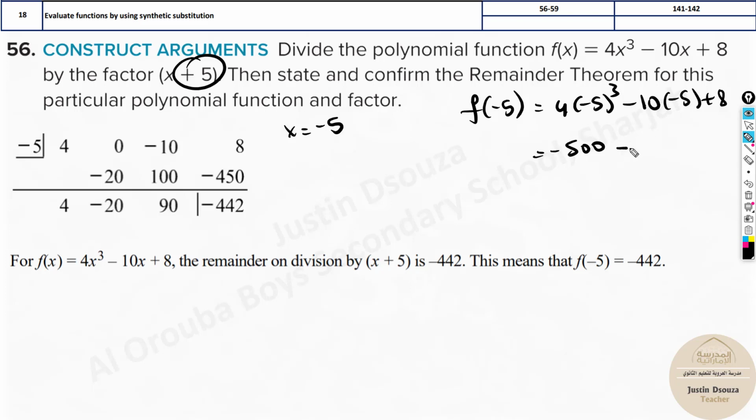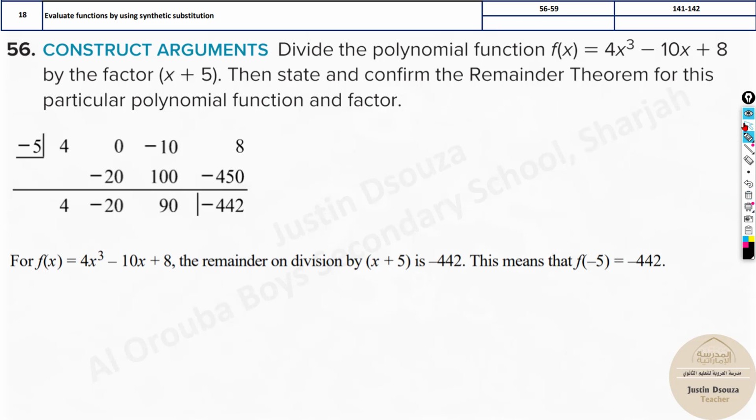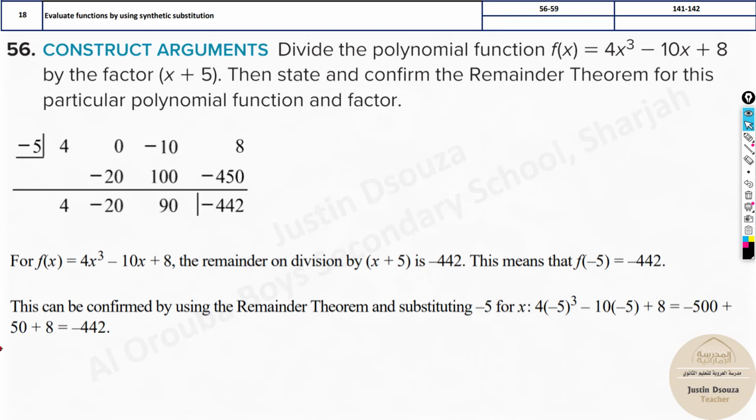Minus times minus will be plus 50. And lastly we have plus 8. It will be minus 450 plus 8, that is equal to negative 442. And that is the remainder we got, and that is the answer even over here by checking. So this is what the remainder theorem means. We have confirmed it from the remainder theorem by substitution.